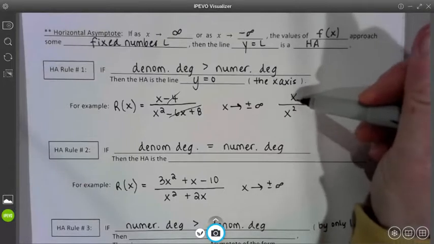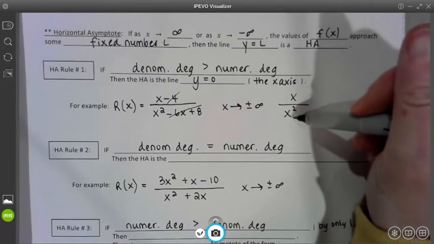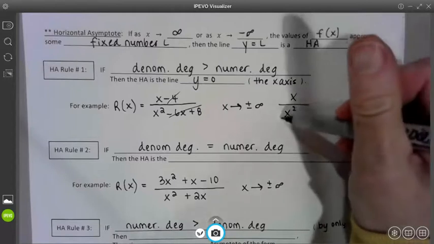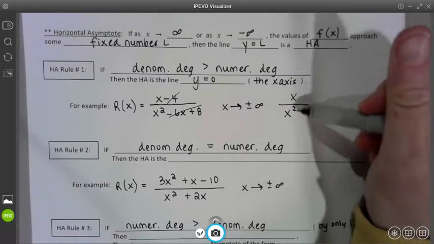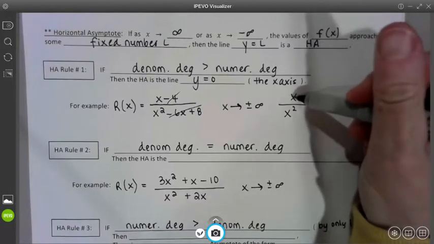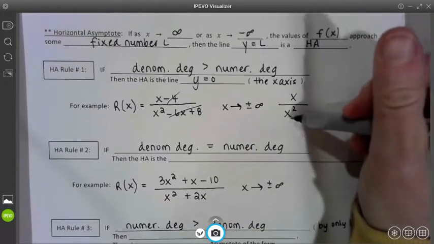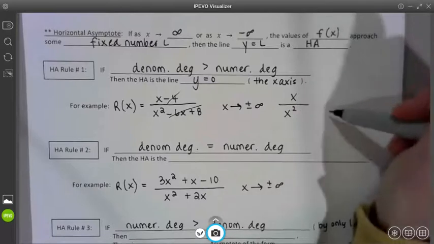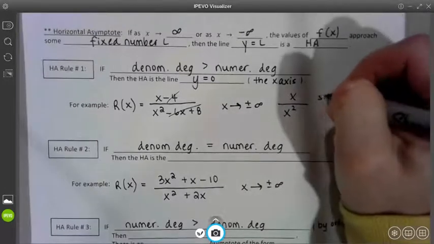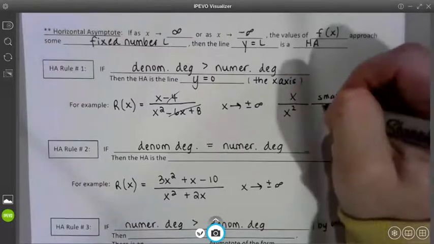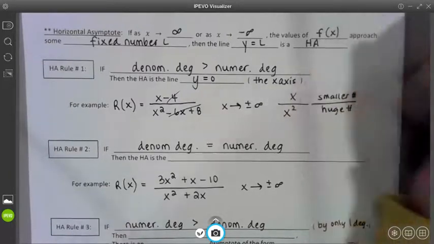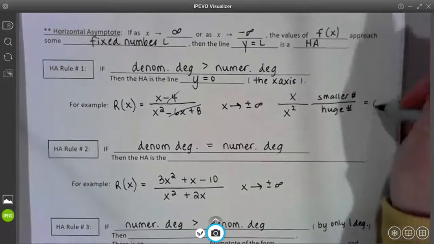So think about it. When the denominator's degree is bigger, you're always going to have a gigantic number on the bottom and a so-so number on top compared to the bottom. So what's a smaller number divided by a big, big number always going to head towards equaling? That's always going to head towards equaling 0.